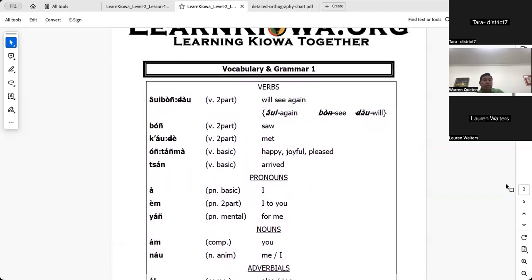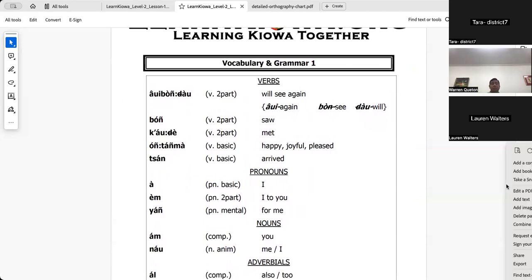So let's go to page 2 now. We didn't get this far last time, so it kind of goes into different verbs and vocab. This is your first grammar lesson, but you can practice. We just learned a little bit, but just emphasizing some of the words we used.